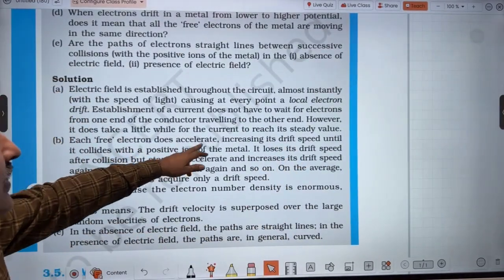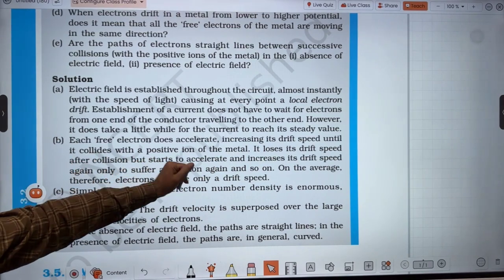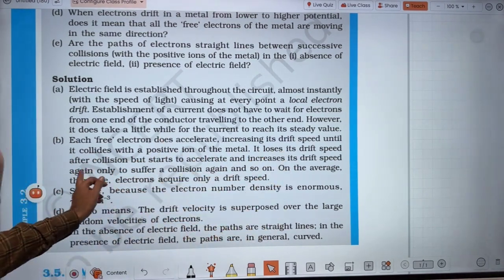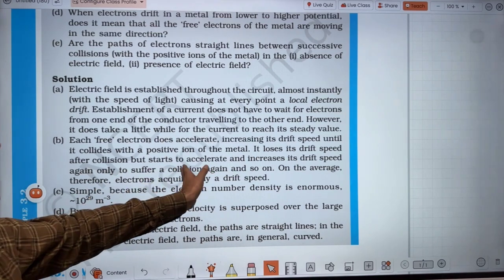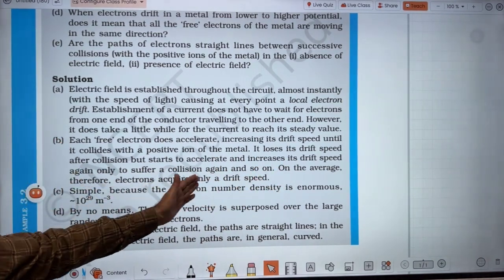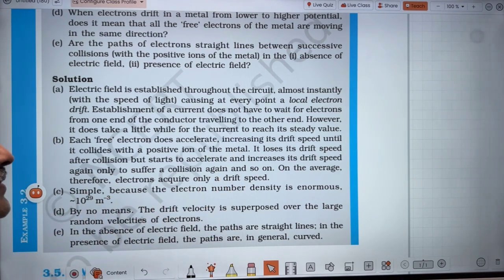Each free electron does accelerate, increasing its drift speed until it collides with a positive ion of the metal. It loses its drift speed after collision, but starts to accelerate and increases its drift speed again, only to suffer a collision again, and so on. So on the average, therefore, electrons acquire only a drift speed.